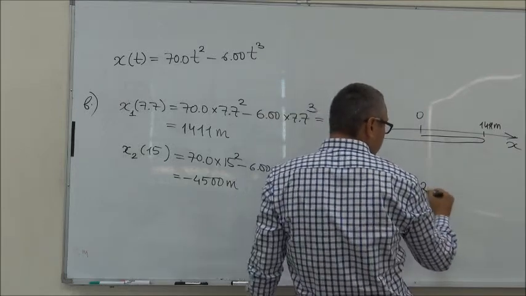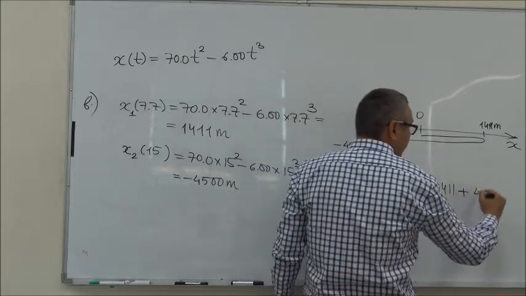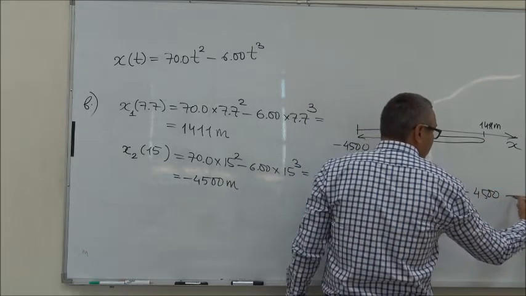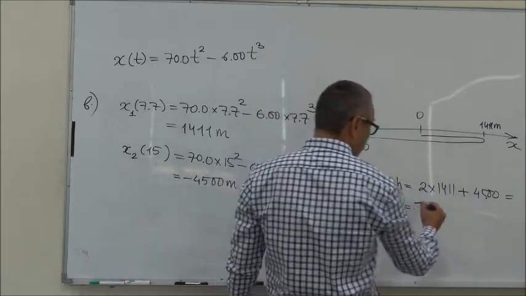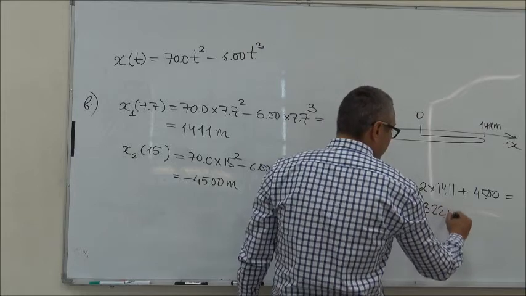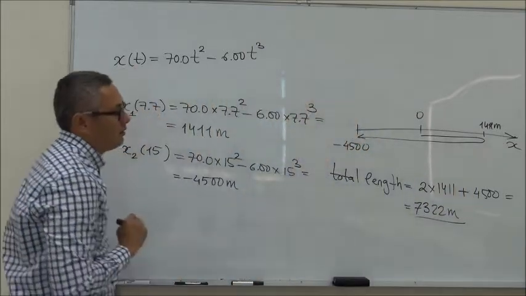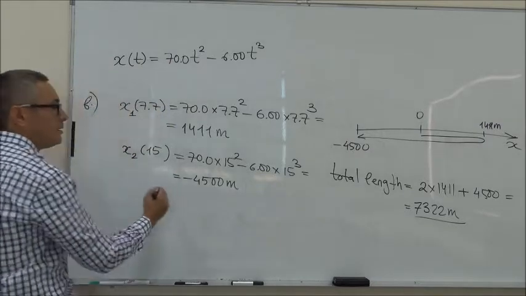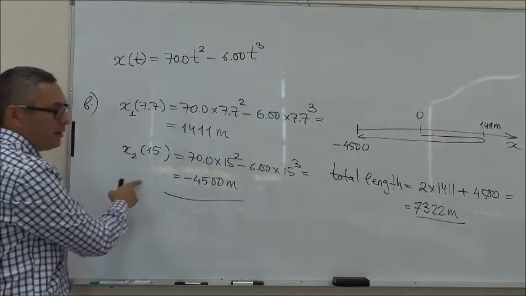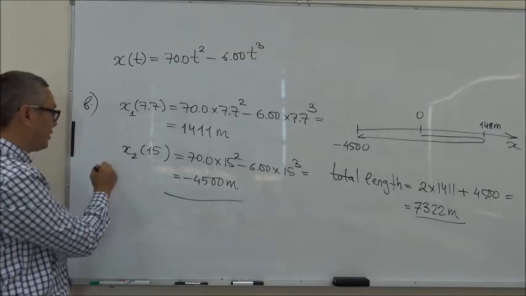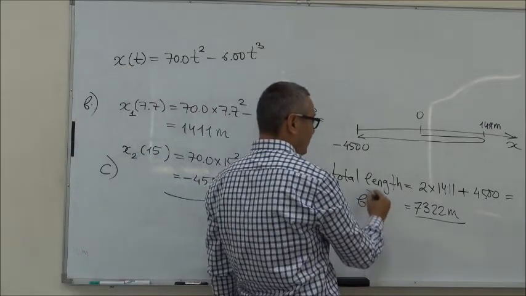So this means 2 times 1,411 plus 4,500, and this gives you 7,322 meters. This is the total length, while this is the total displacement. And by the way, this answers part C of the question. And this answers part B of the question.